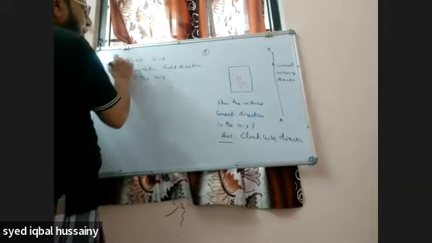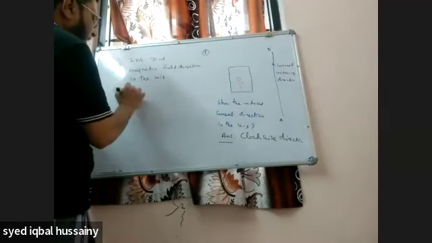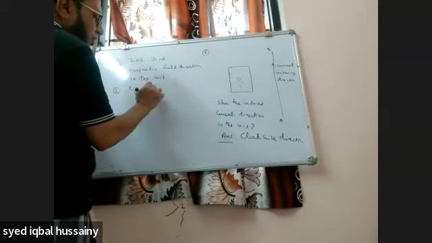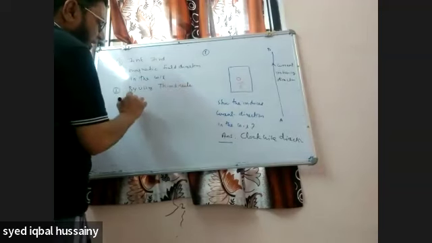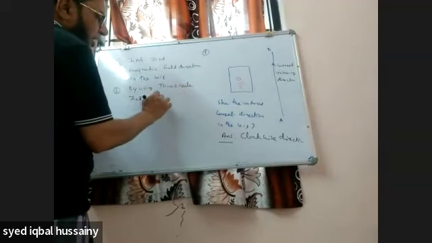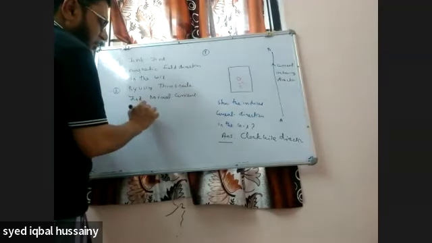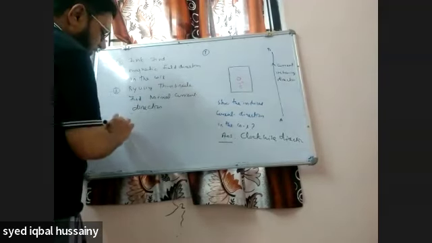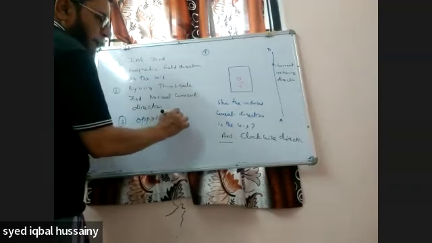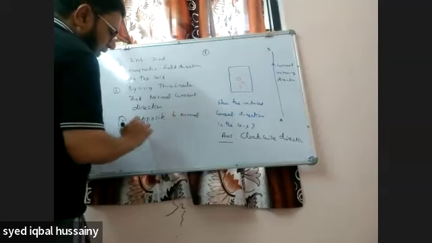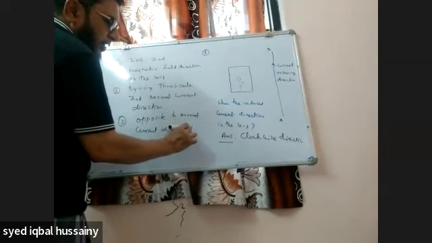Second, by using the thumb rule, find the normal current direction. Third one is, opposite to the normal current direction is the answer.